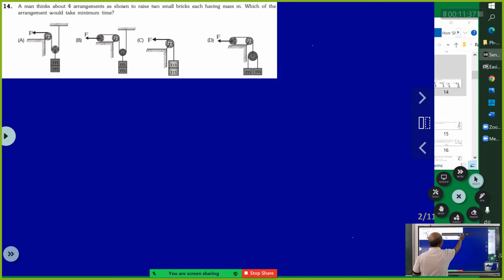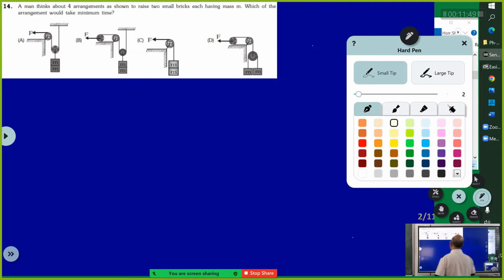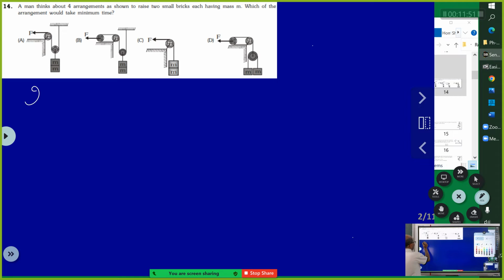So here you see what is the net force acting on the two masses. Here the net force acting on the two masses will be 2F. Here the net force acting on the two masses will be 2F.